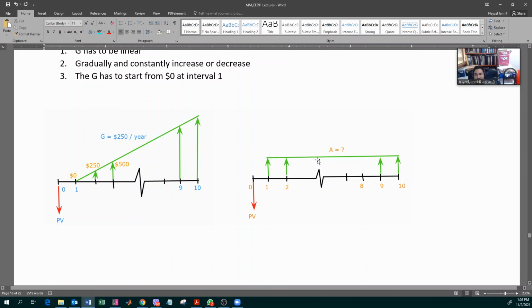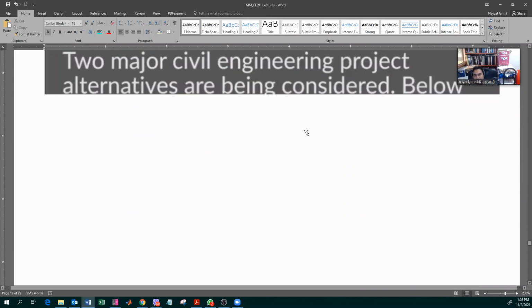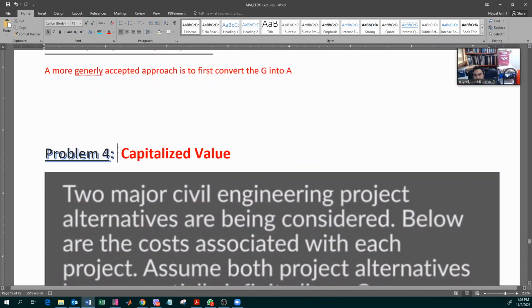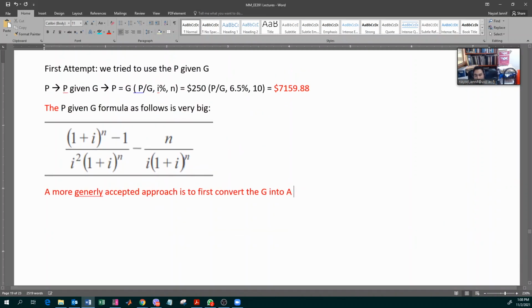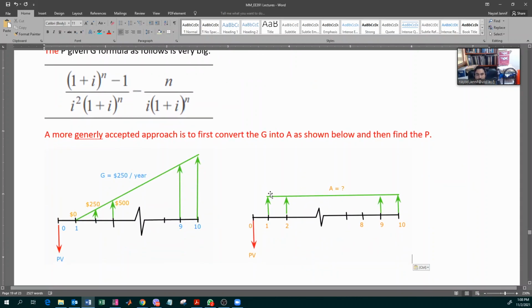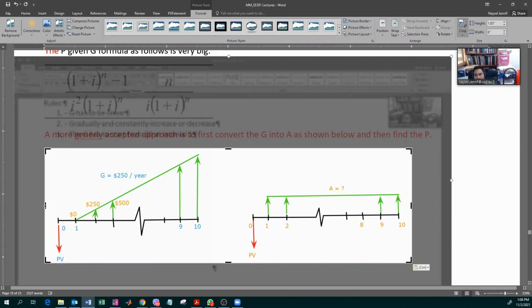We want to convert the G into an annuity, as shown below, and then find the P, the present value. So we want to convert this guy here into this.